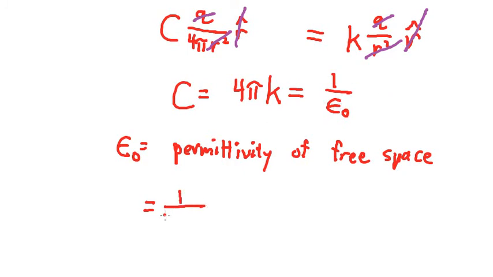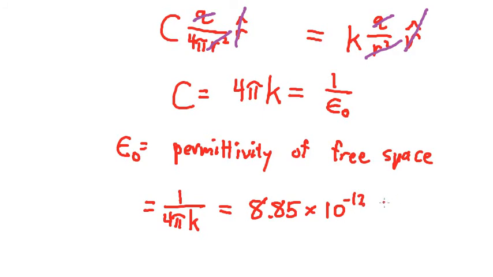Moving on down one more, these are going to be equal, so I'll do these in red. And we get cQ over 4 pi r squared r hat equals kQ over r squared r hat.